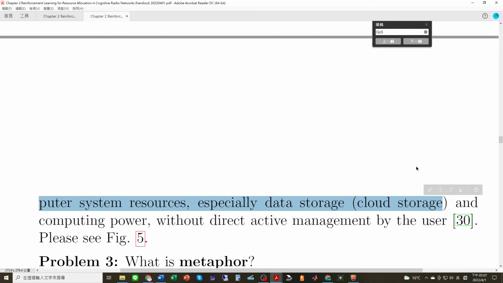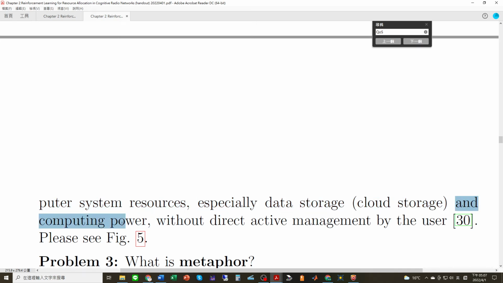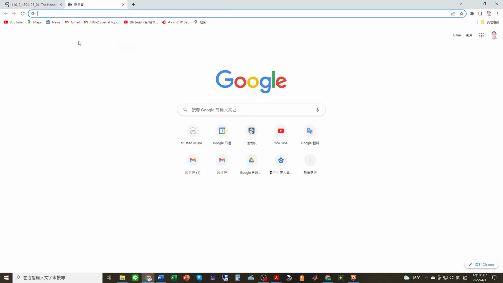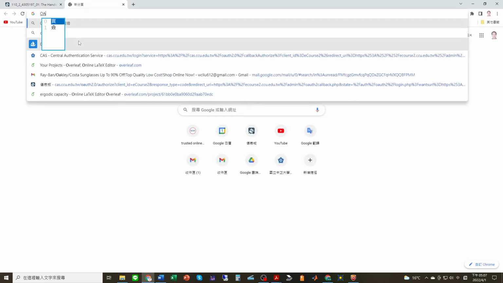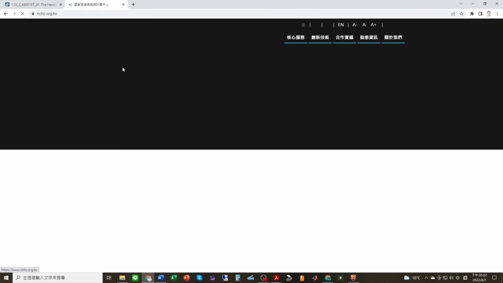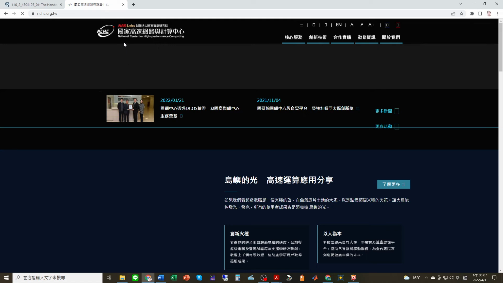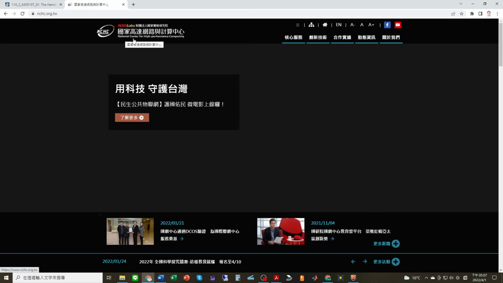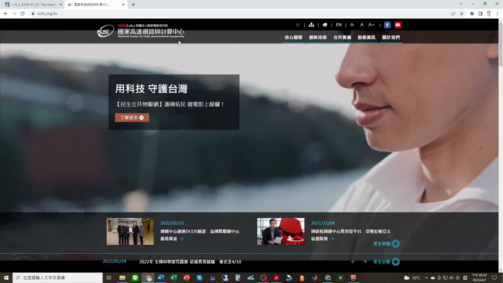For example, Google Drive, provided by Google, is a kind of cloud storage. And computing power. Let me give you an example. In Taiwan, there is an organization called the National Center for High Performance Computing.